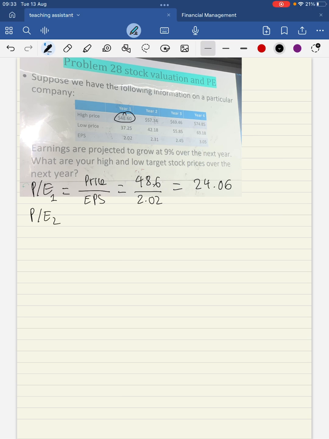Applying the same concept, the PE ratio of the second year should be equal to 57.34 divided by 2.31, and we will get 24.78.